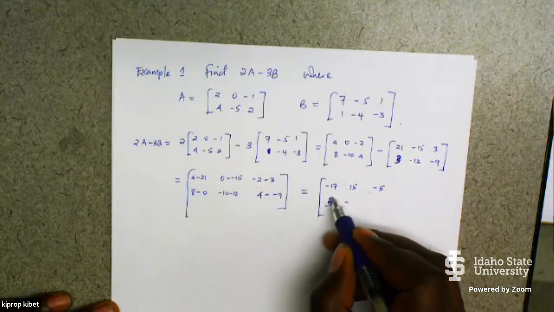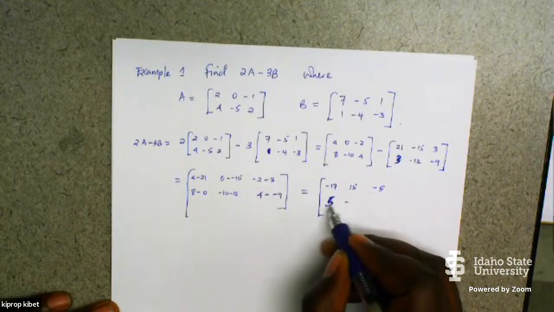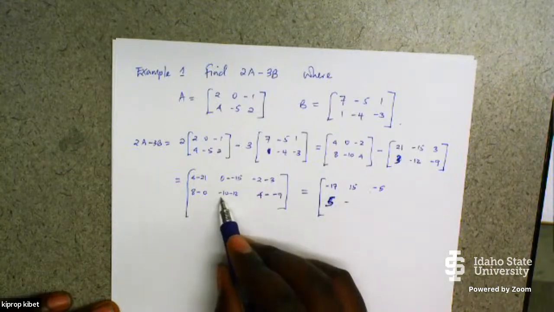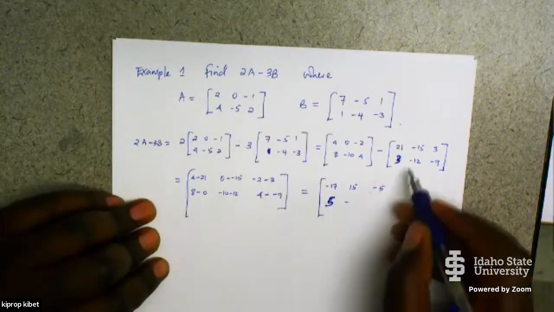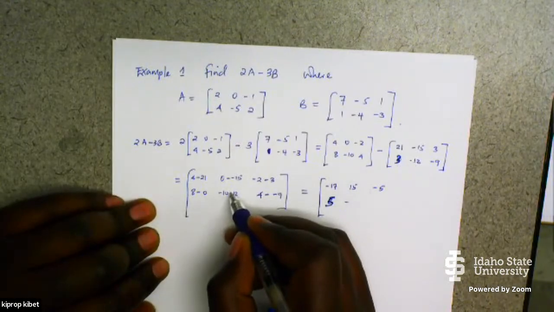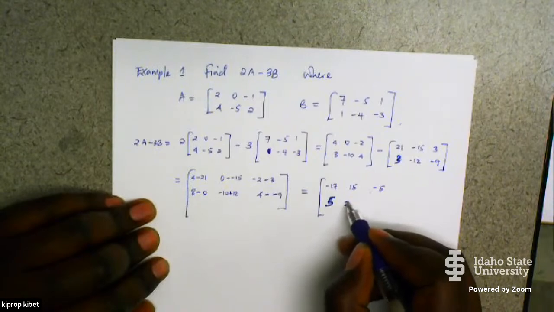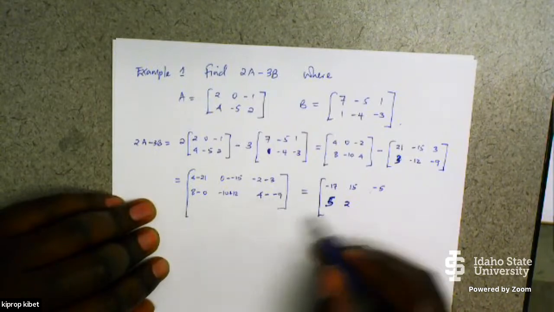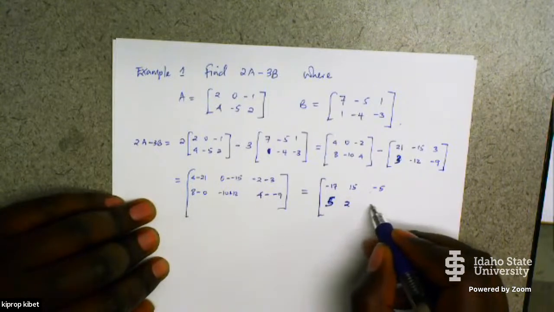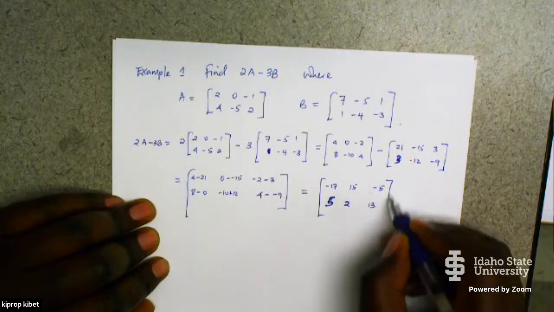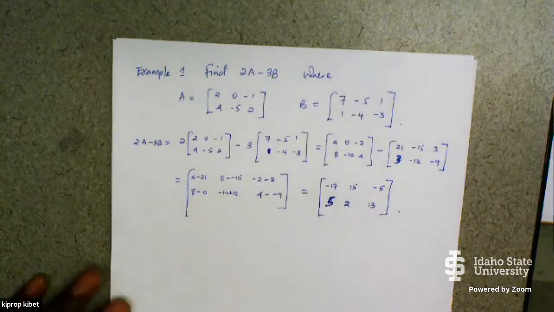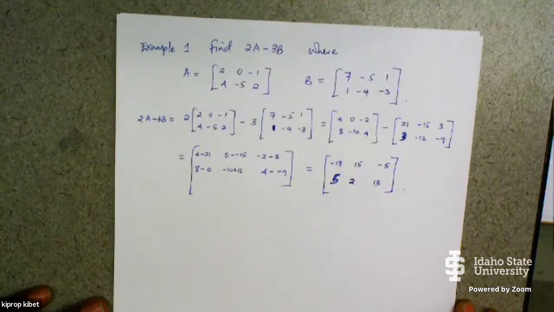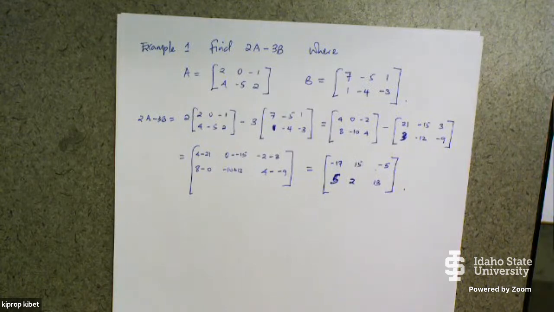So this is 5. And this one should be minus 12, so plus 12. This is 2. And then this is 13. So that is how you can add and multiply by the scalar.